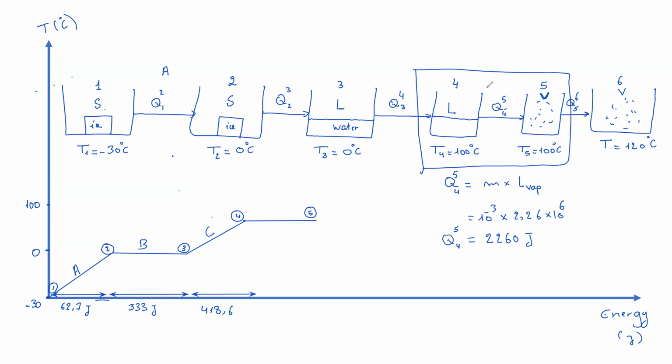And let's say here we have B, here C, and here D. Stage D, and the energy added equals to 2260 joule.